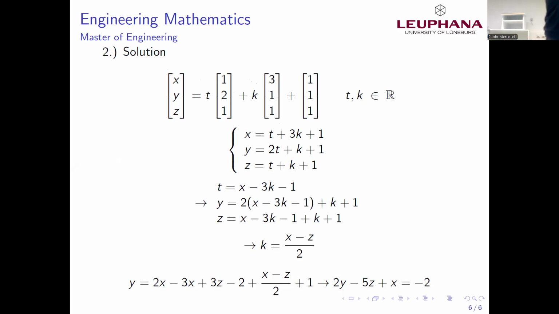Do you remember the concept of parallelism? Again, the definition. Roughly speaking, given a vector v1, every vector parallel to v1 is v1 multiplied by t.